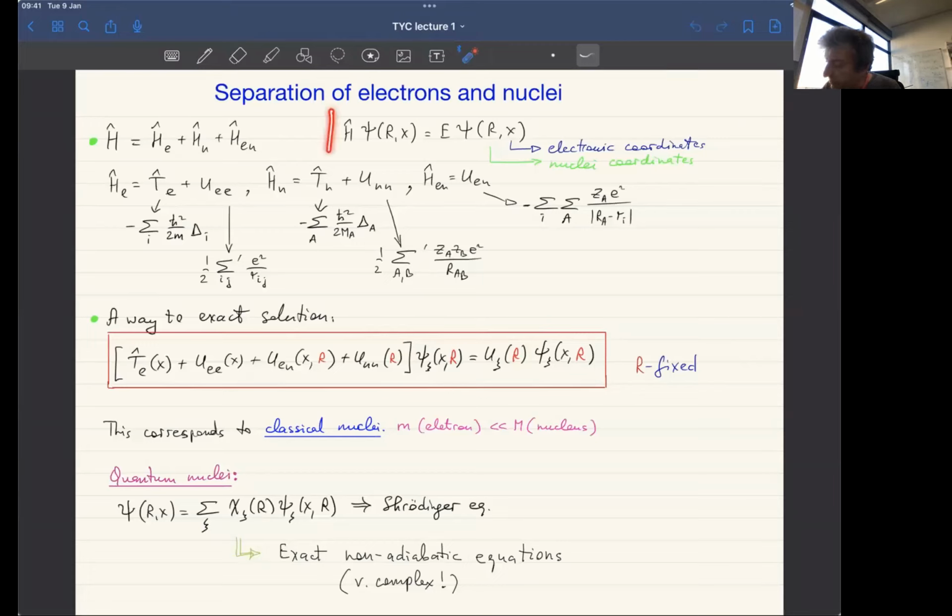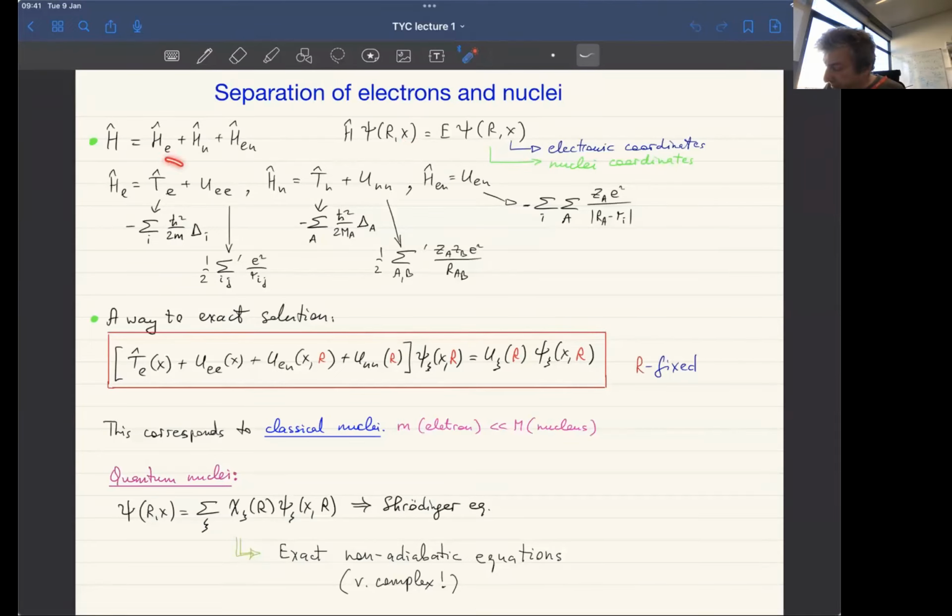Using this Hamiltonian, we solve the Schrödinger equation, where capital R determines here all the nuclear coordinates. So it's a big vector with all the nuclear coordinates, and the length of that vector would correspond to the number of degrees of freedom in our system. And little x corresponds to all electronic degrees of freedom, so positions of electrons and their spin.